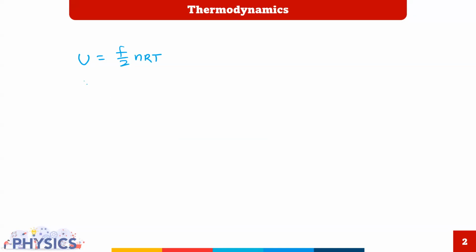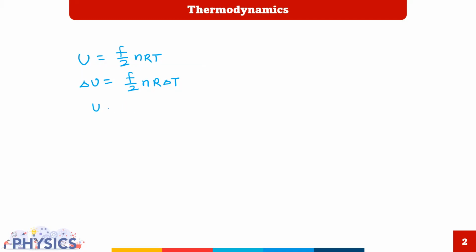From this, the change in internal energy of a gas is F by 2 nR delta T, because the number of moles of the gas is not going to change, R is a constant, and temperature is going to change.